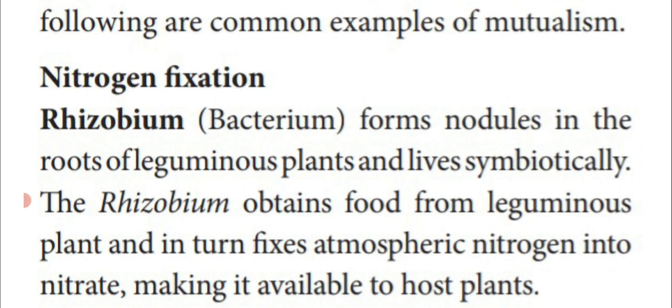So the dissolved form of nitrogen, nitrate, is absorbed by the host plant. That is said to be a symbiotic relationship between leguminous plants and the rhizobium bacteria. That example is known as nitrogen fixation of mutualism.